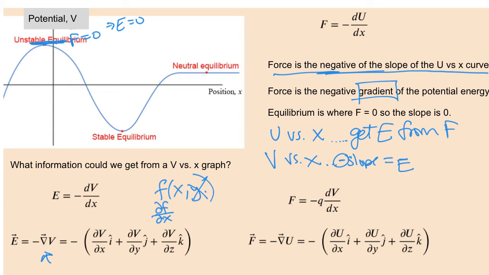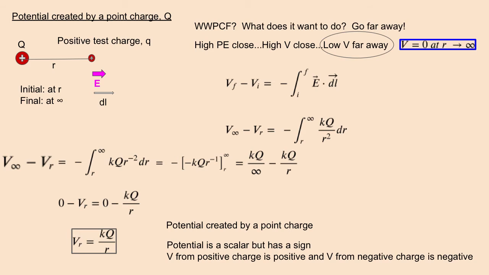And so that's what this gradient is, and then you can see it's a vector, right? There's an i hat, j hat, k hat situation. But in general, when we write something like this, we're just looking for the x component. It's just the x component of the electric field is just that dV/dx. And don't forget that negative.